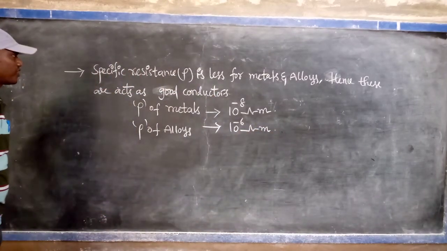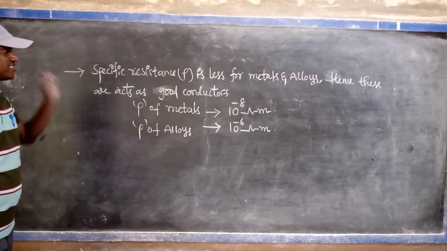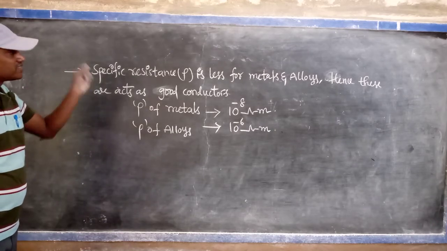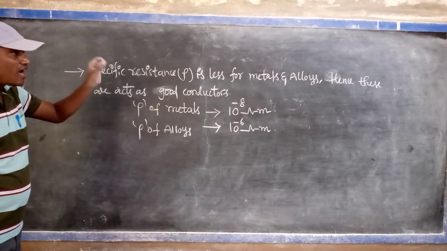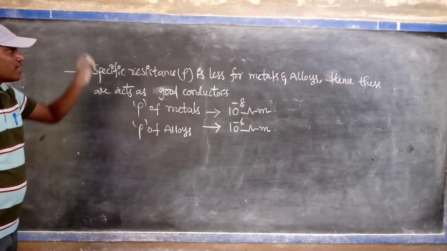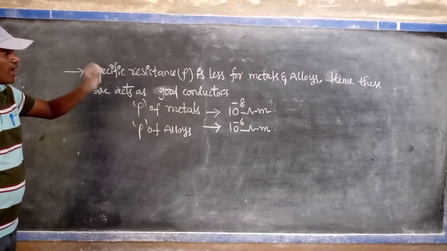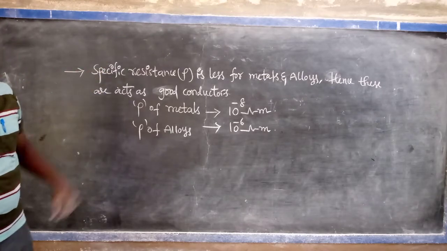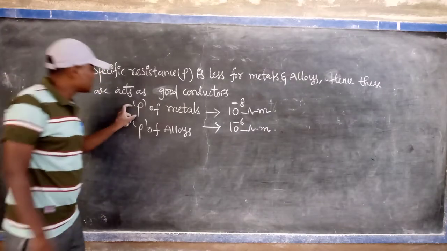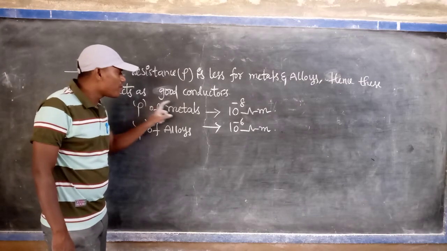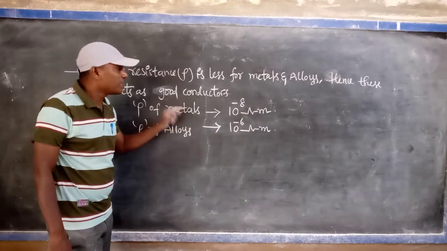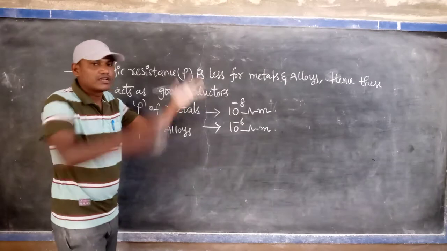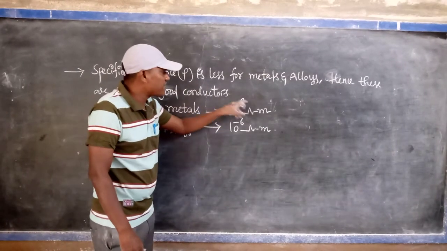Just two important points. Specific resistance or resistivity is less for metals and alloys. Hence, metals and alloys are called linear conductors and they act as good conductors of electricity. The resistivity of metals is nearly of the order of 10 power minus 8 ohm meter.